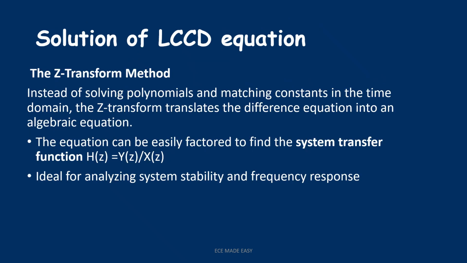We use the Z transform to obtain the transfer function of the system, that is H of z equal to Y of z by X of z, and we solve this equation using partial fractions, and then we find the solution, that is y of n. Hence, instead of solving the polynomial we can use the Z transform.